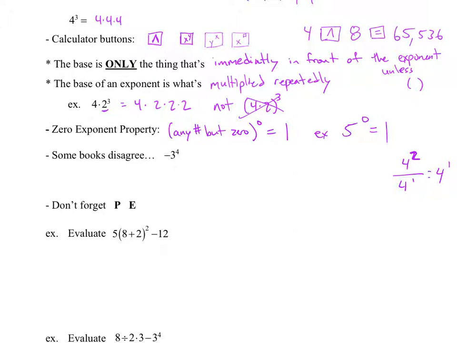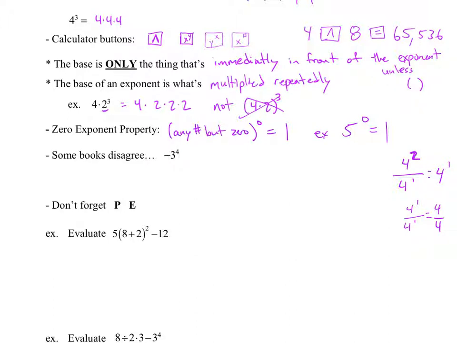You take the top exponent and you subtract the bottom one when you do algebra. You're not going to use it now, but you'll use that later. So if we had 4 to the first power divided by 4 to the first power, that's the same as 4 over 4.